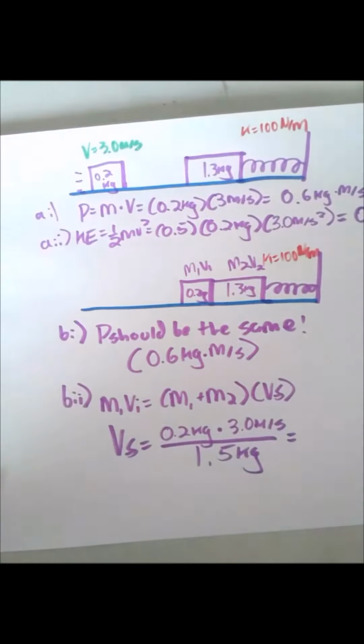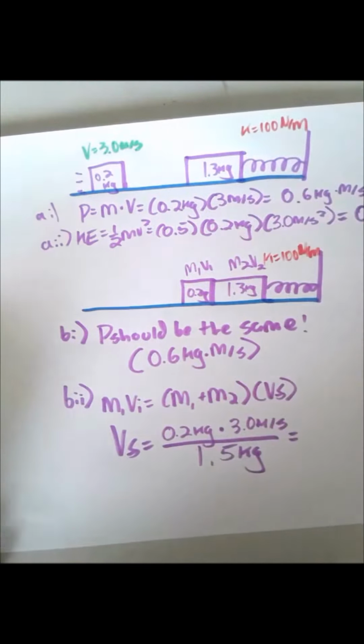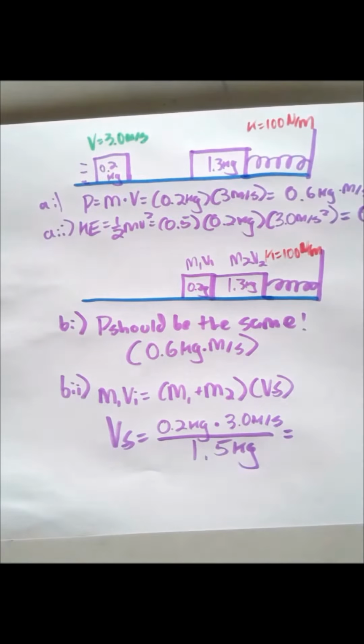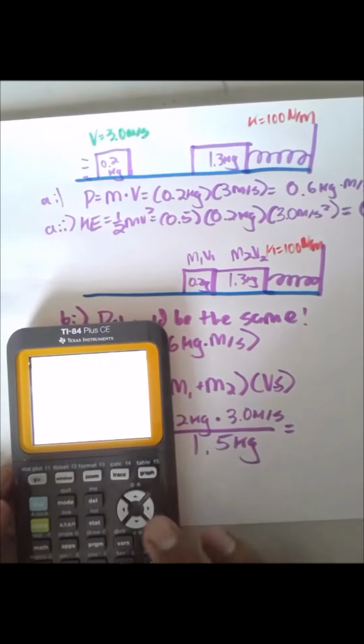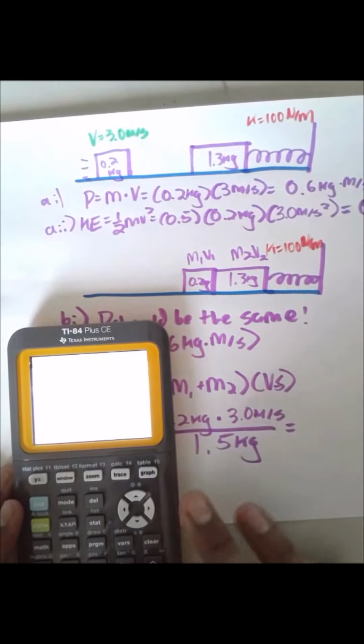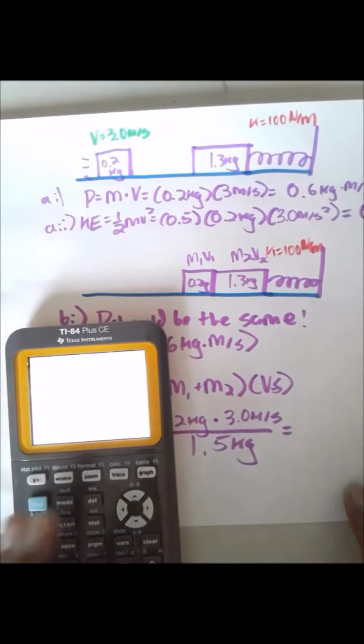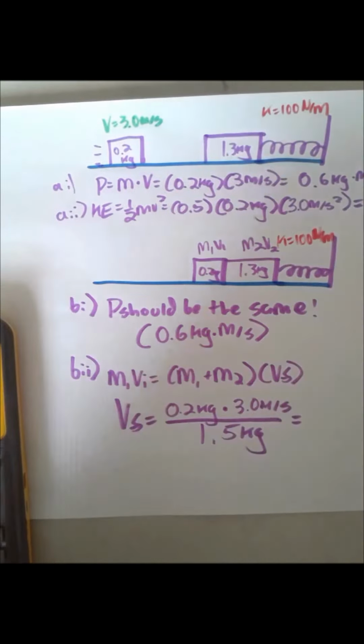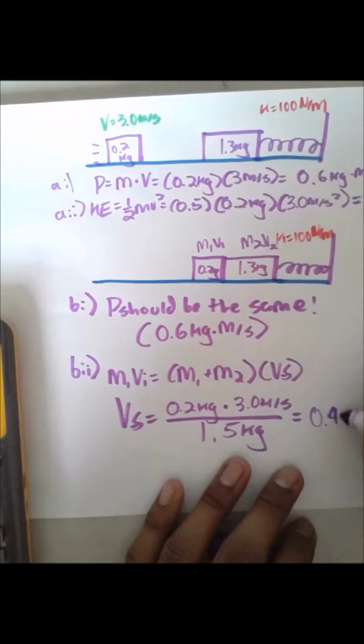So the velocity of both of the blocks moving together should be 0.2 times 3 divided by 1.5, which is 0.4 meters per second.